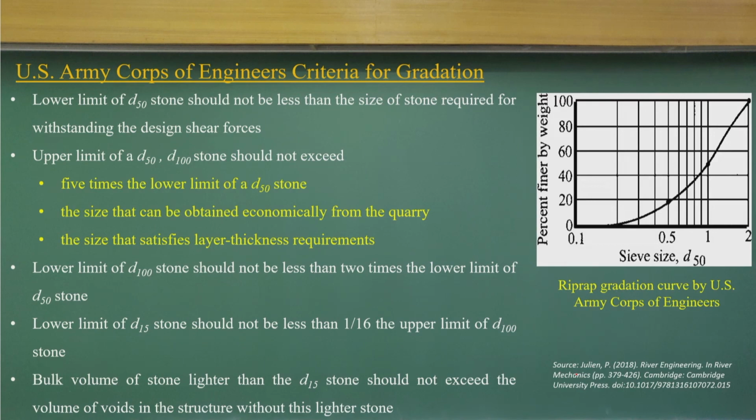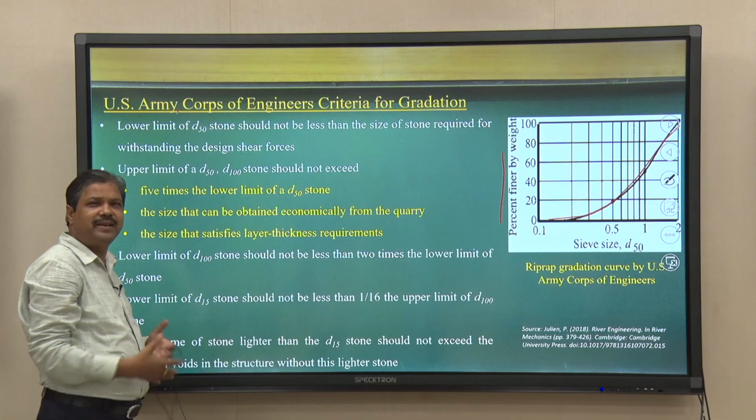Now, if you look at some of the design guidelines, this is the particle size distribution of the riprap gradations. You have a D50, stone size, percentage of weight. You need to do geotechnical investigations to know the stone materials you have, and the US Army Corps of Engineers has given all these design guidelines from their field experience.